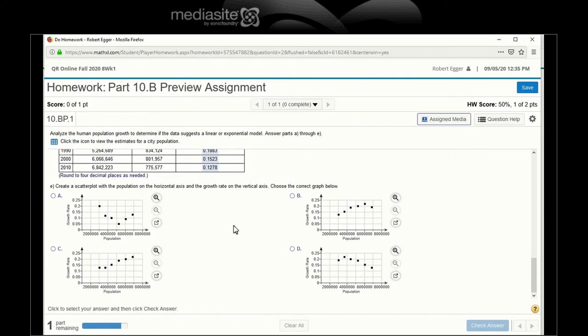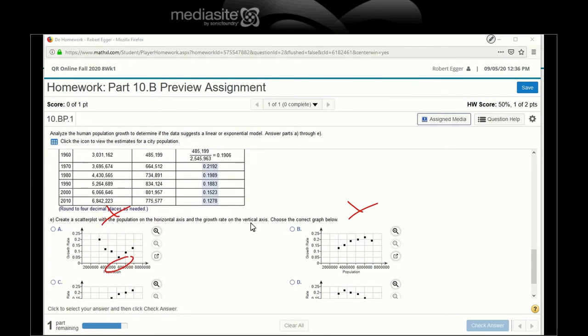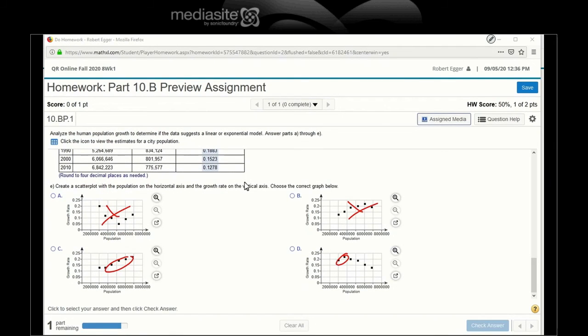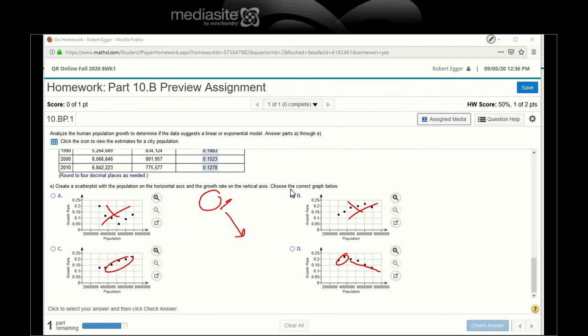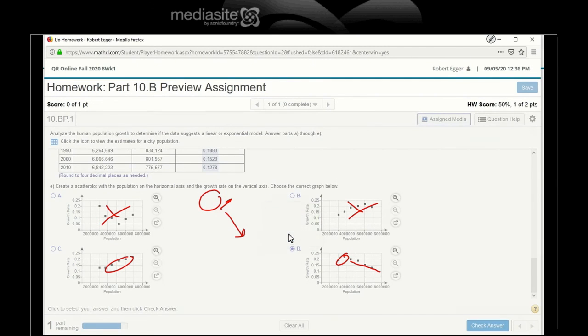So we can rule this one out, and this one out, because this was a steady increase, then a decline. Again, this is showing an increase. So here's what I just said: an initial increase and then a steady decline. So it has to be D, just based on the characteristics of the data. Yep.